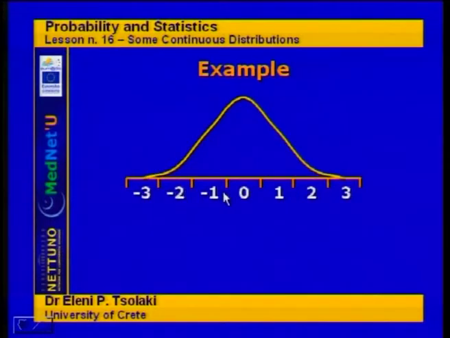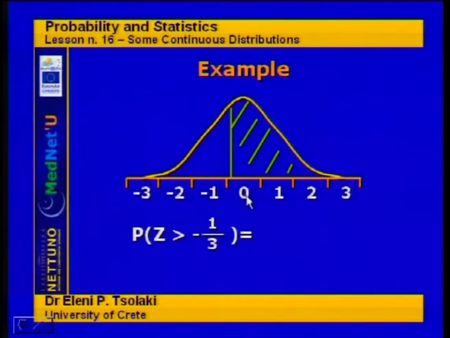Looking at our graph, what we actually want to calculate, the probability that z is greater than minus a third, is this area here.